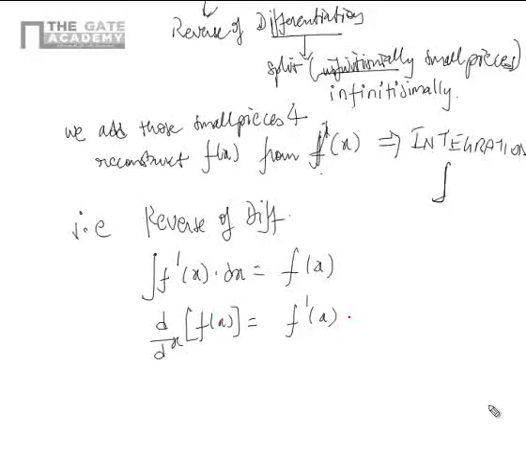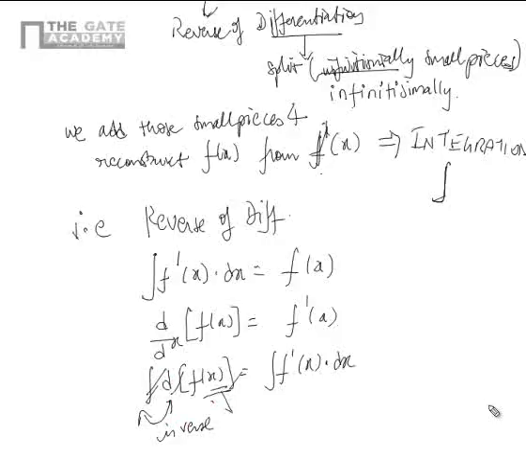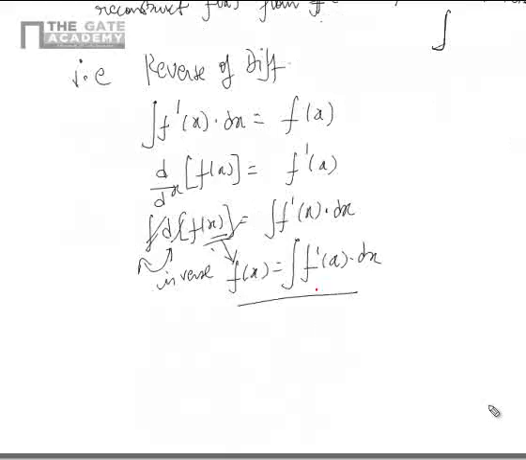So what happens? d of f of x is nothing but f dash of x dx. On integration, d and integral are inverse operators, so they get cancelled. So I reconstruct back f of x. So f of x is nothing but integral of f dash of x dx. This is what we call integration.